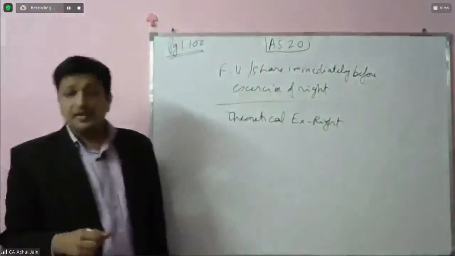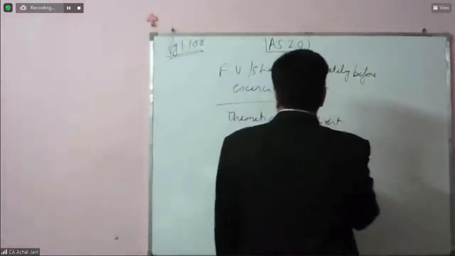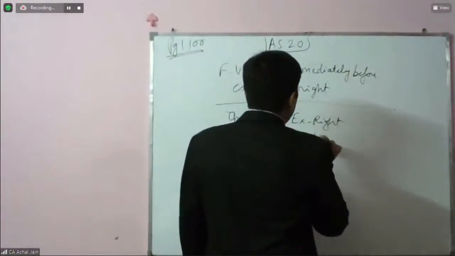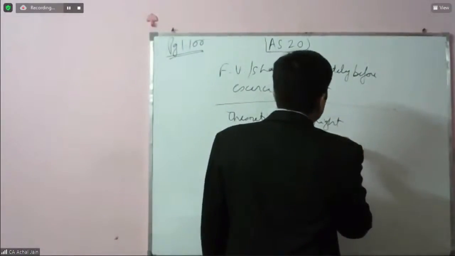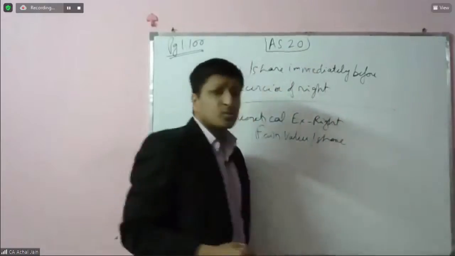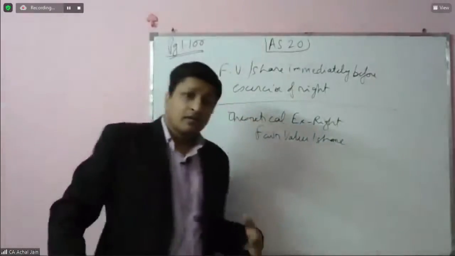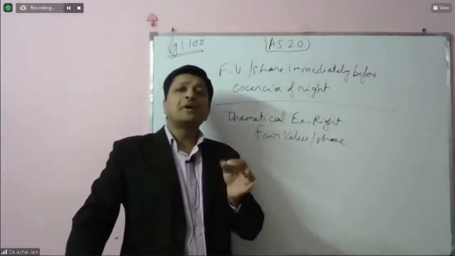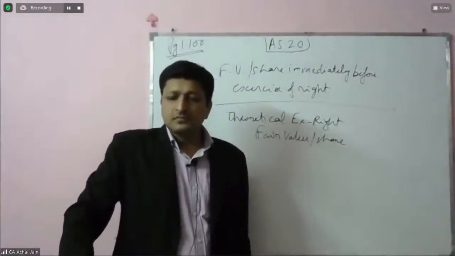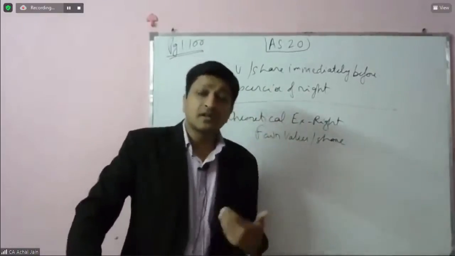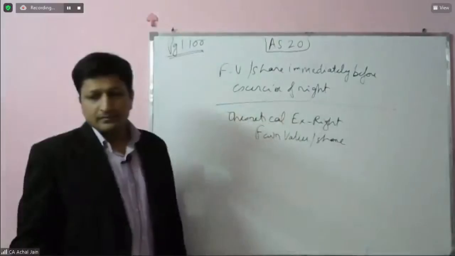What is this ex-right price? Ex-right fair value per share. It appears to be a very complex formula, and it appears as if we'll have to mug up something. So let's try to understand this concept, what is required to be done over here.